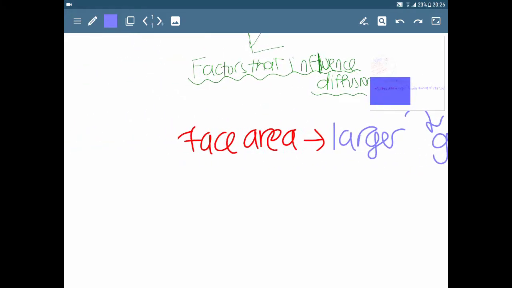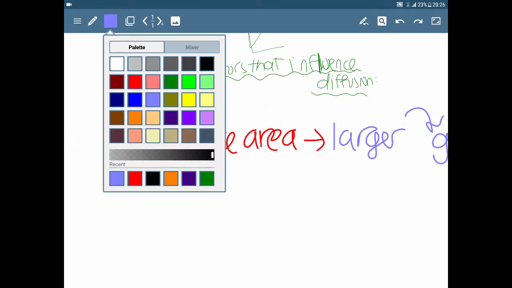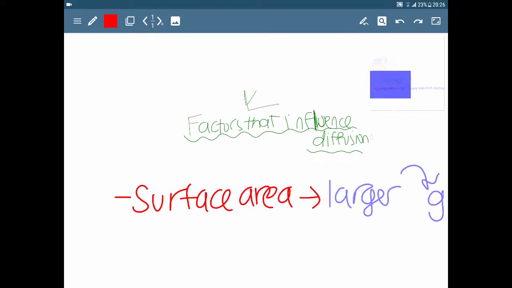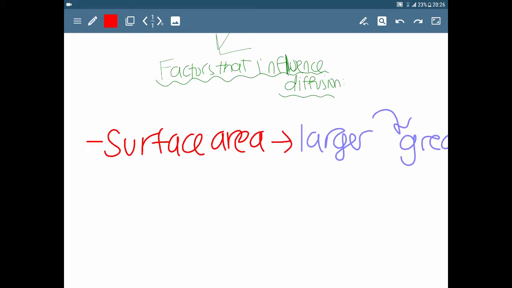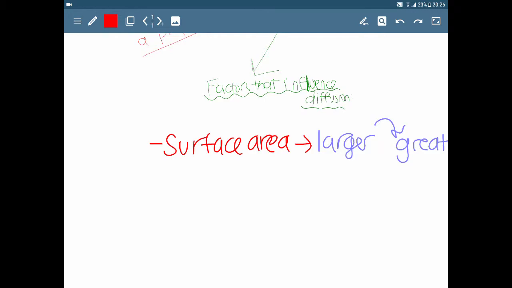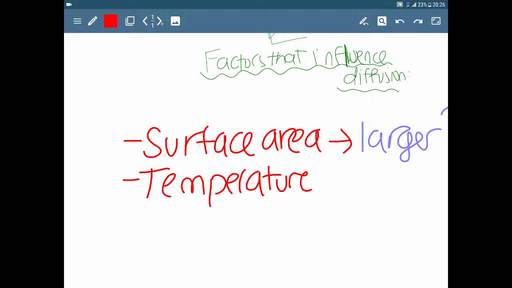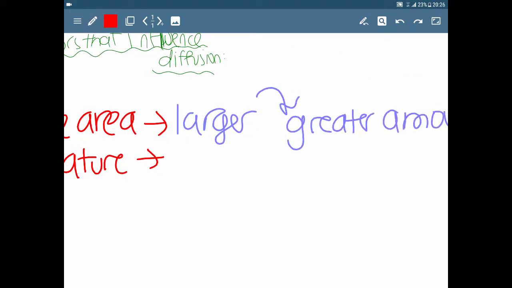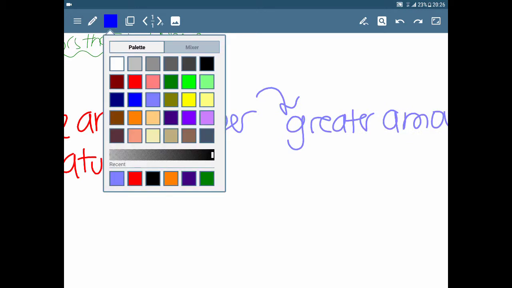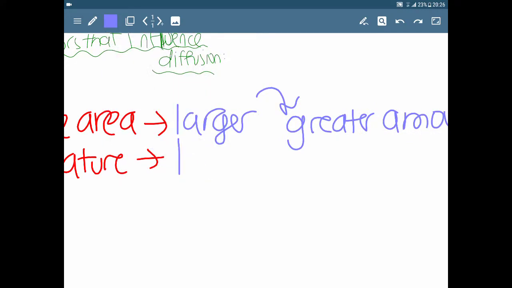So first is surface area: the more space you have, the larger the surface area. Next is the temperature. I'll do this in another way.